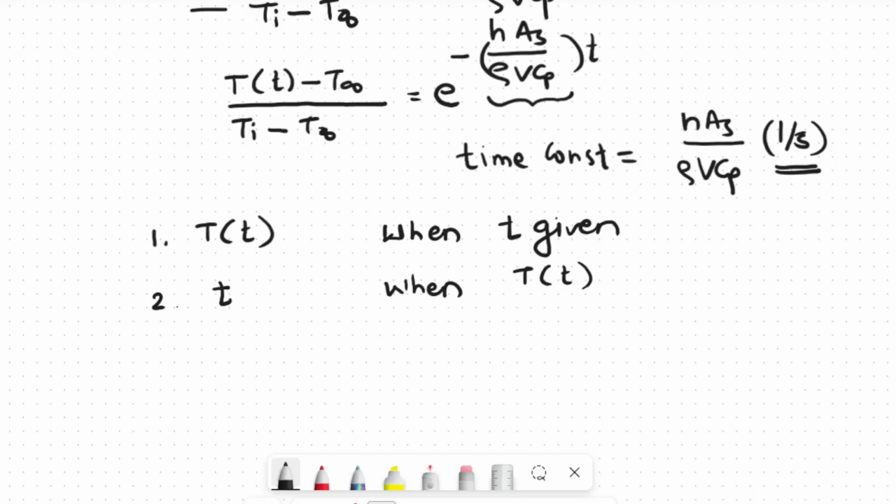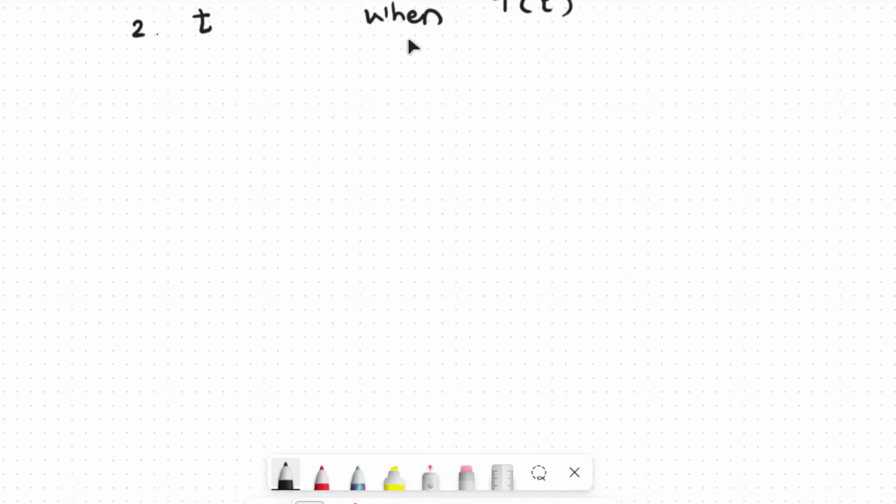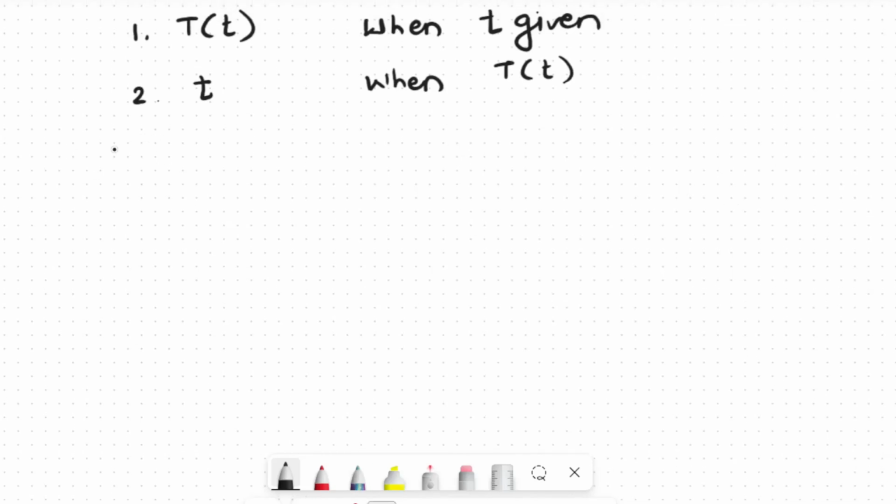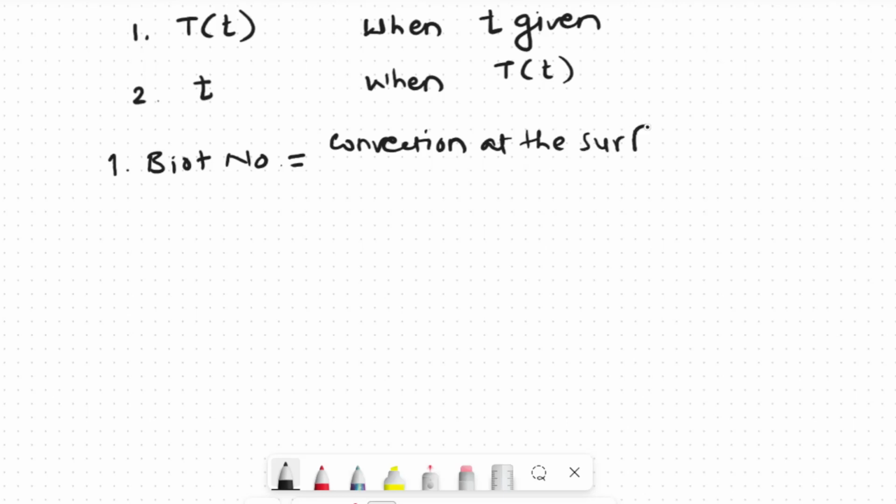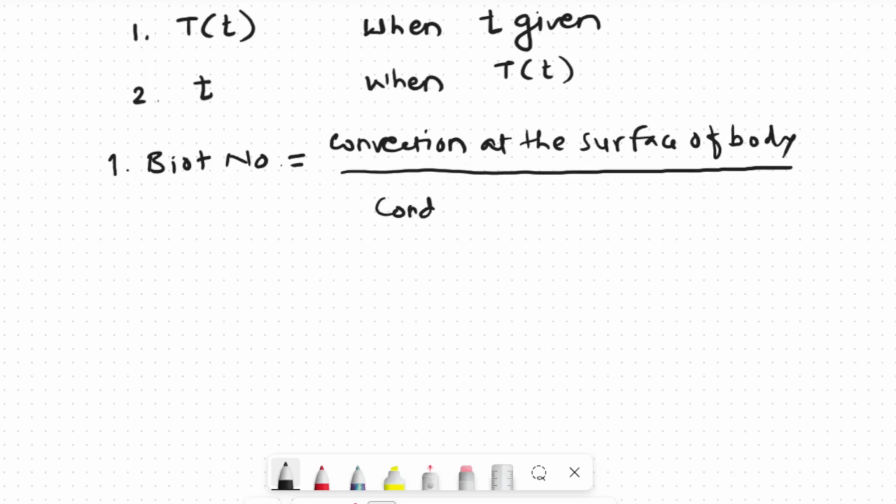Here comes a very important number, which is called the Biot number. The Biot number is a dimensionless number which can be defined as the ratio of convection at the surface of the body to the conduction within the body.